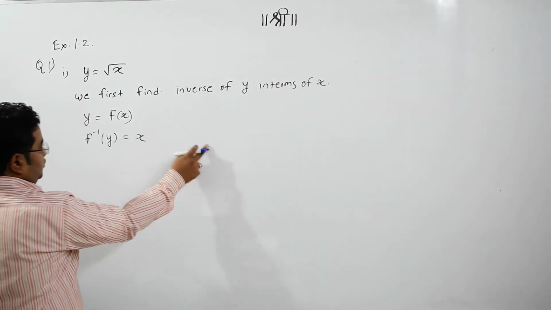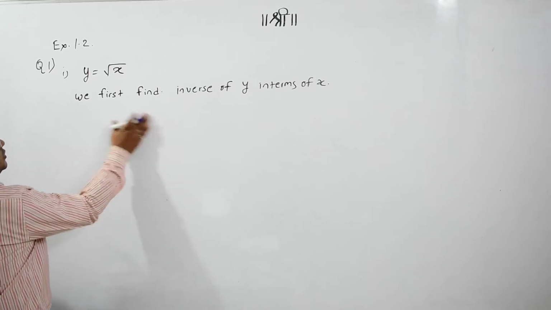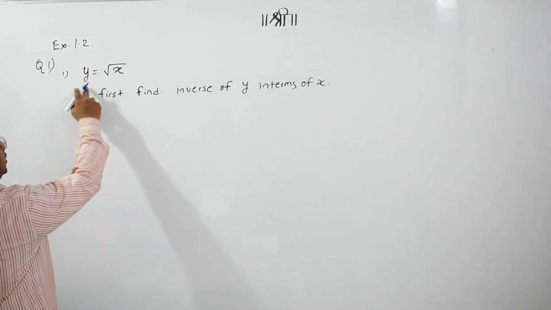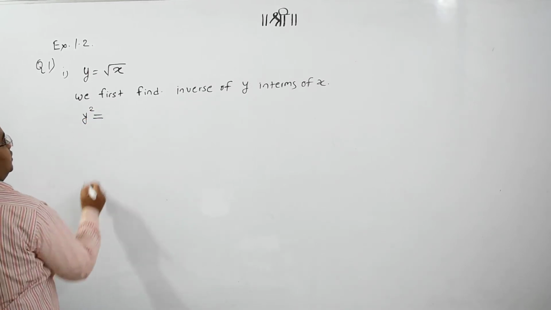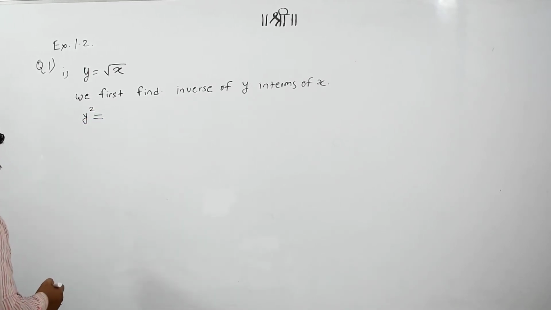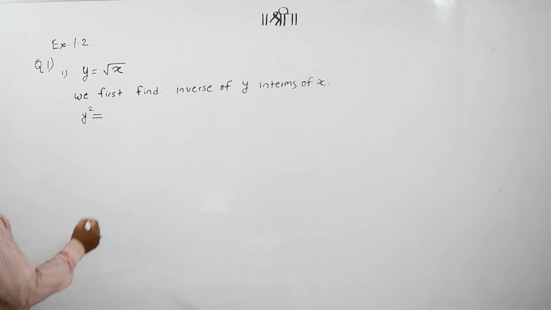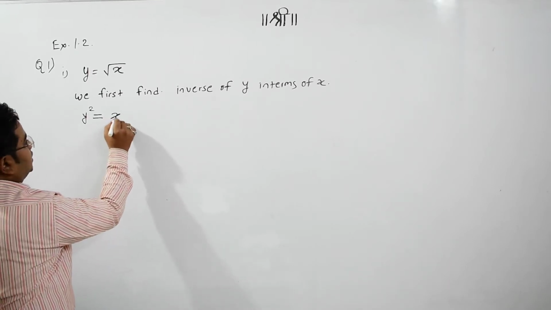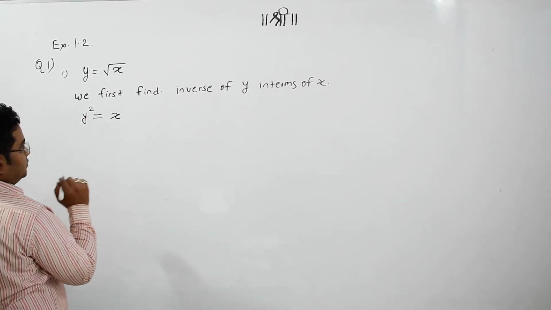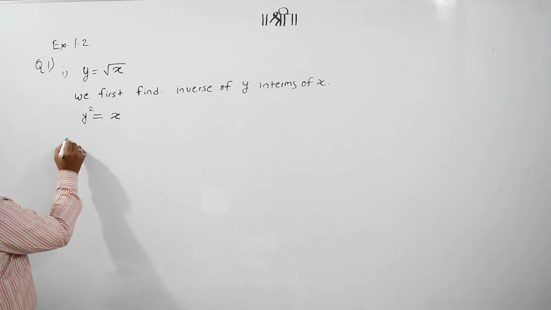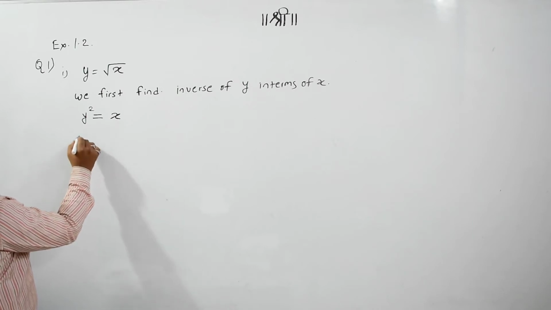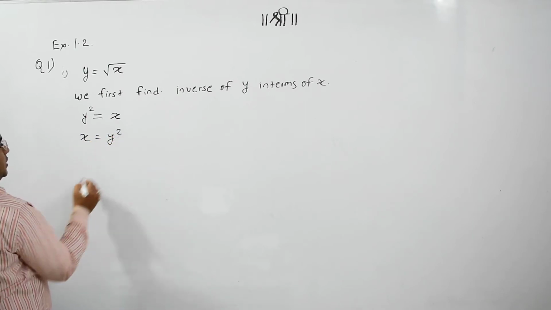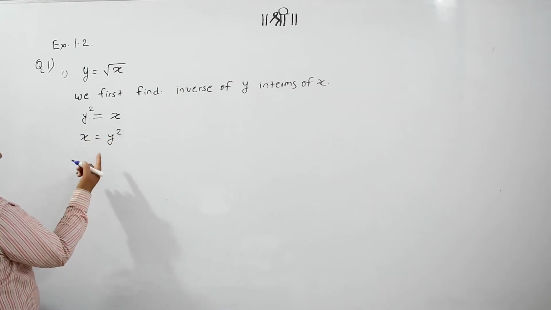Now we need to square on both sides. Therefore y square is equal to x. So x is equal to y square. Now squaring is done.